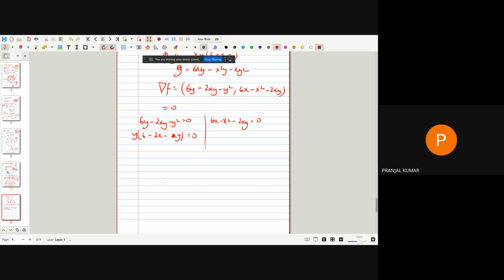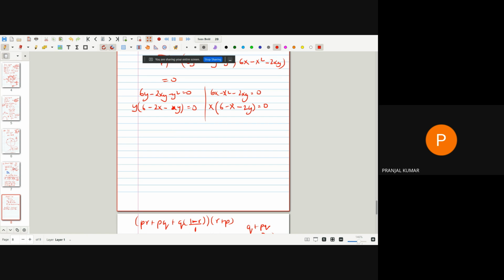Then take x common: x times (6 minus x minus 2y) equals 0. So now this implies y is equal to 0, or 6 minus 2x minus y is equal to 0, and x is equal to 0, or 6 minus x minus 2y is equal to 0.